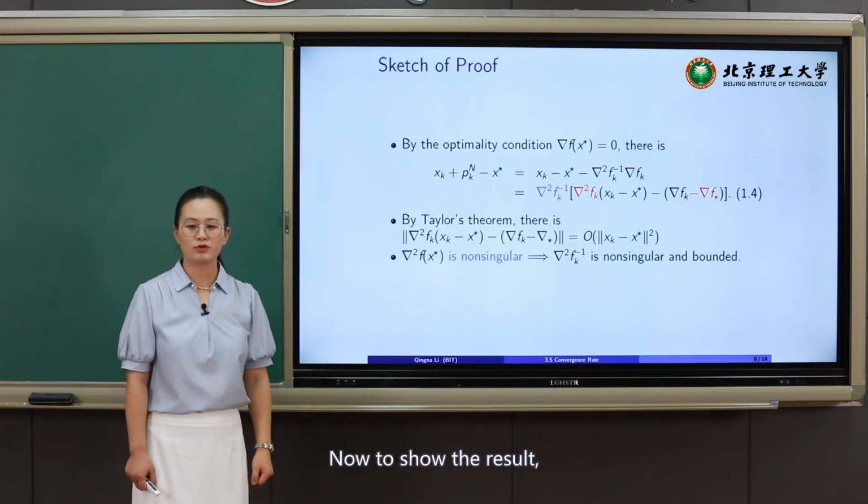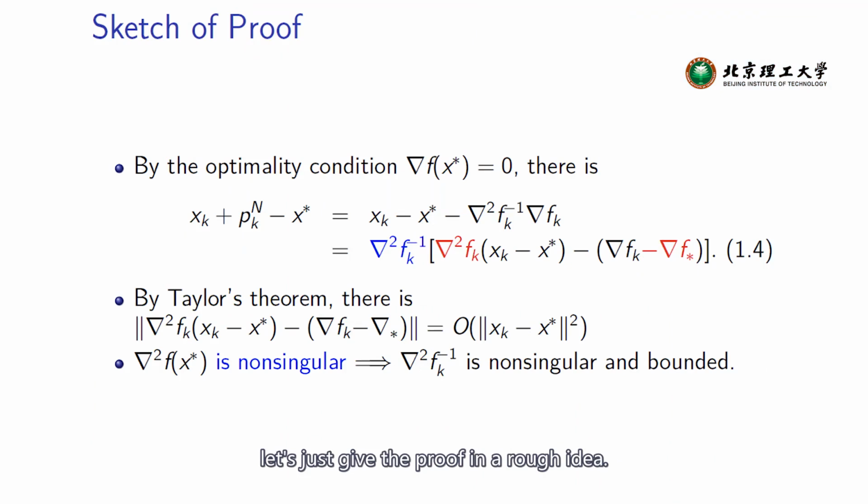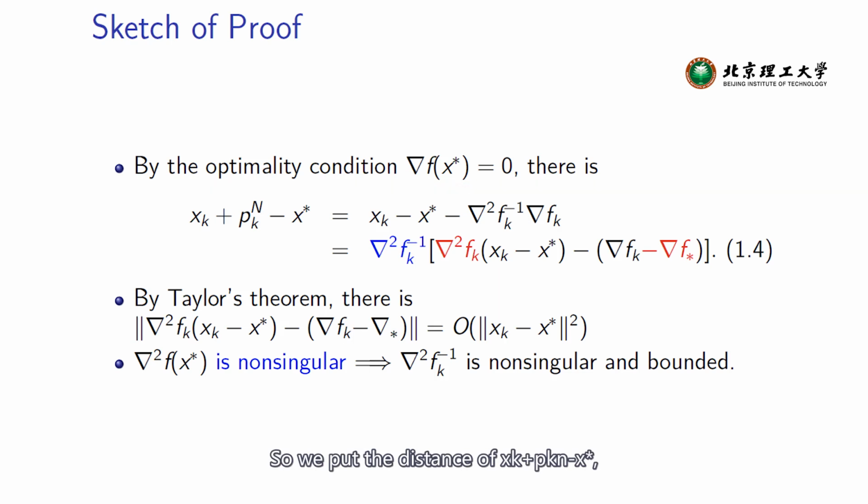Now, to show the result, let's just give the proof in a rough idea. By the optimality conditions about x*, we have the following result. So we put the distance of x_k plus p_k^N minus x*, which is actually the distance of the next iteration to the accumulation point.